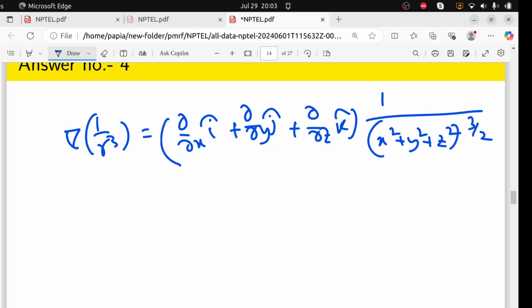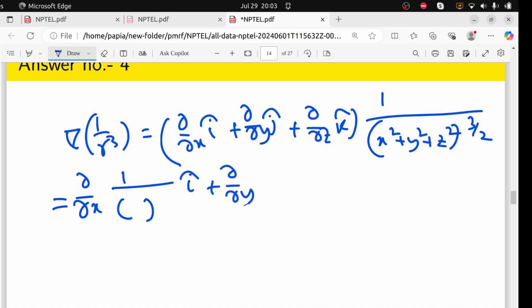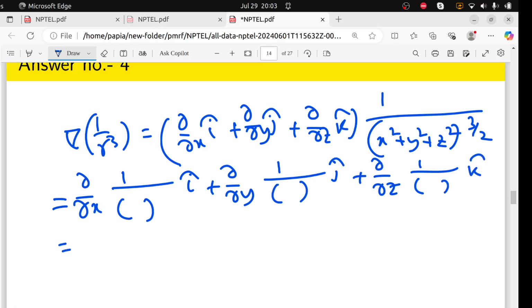Okay, this is the thing. And you can understand this is wholly a scalar and this is a vector. So you can see this is a summation of these three vectors. That means del x of 1 by whole these things, I am not going to write these whole things, then i cap plus del y of whole these things into j cap plus del z of whole things into k cap. Is it fine?